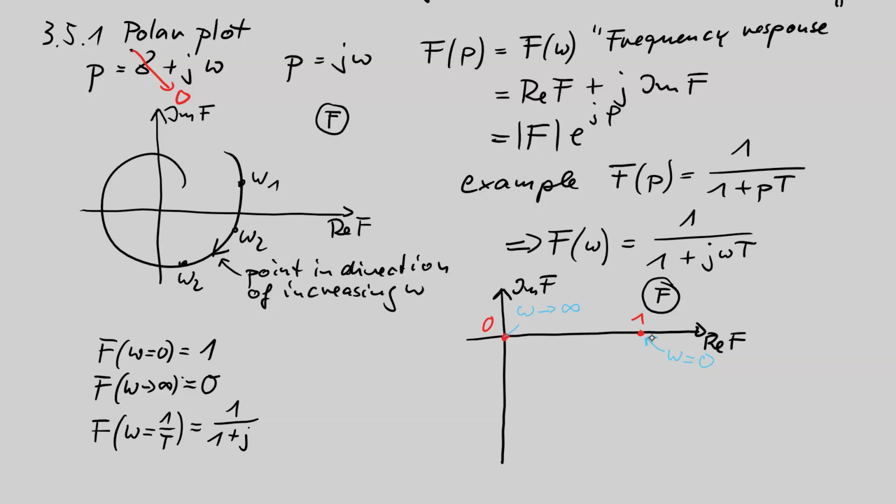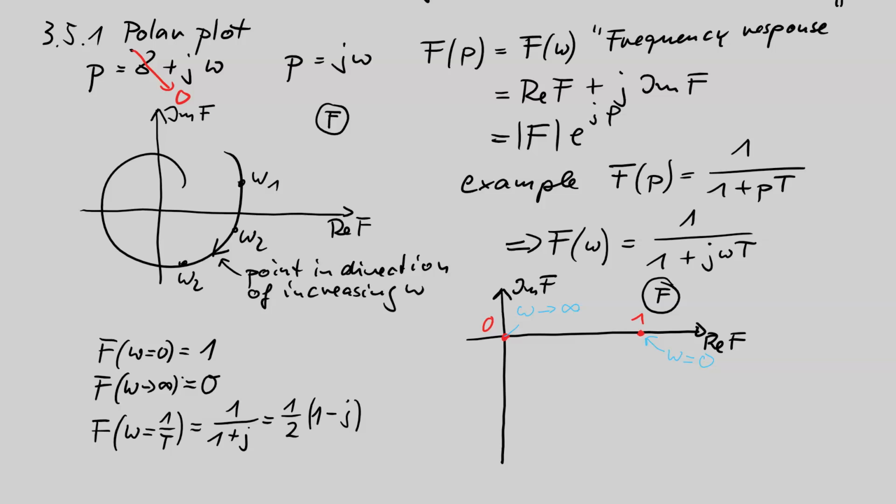And if we expand this with the conjugate complex denominator, then we get 1 divided by 2, 1 minus j. So, complex calculation.